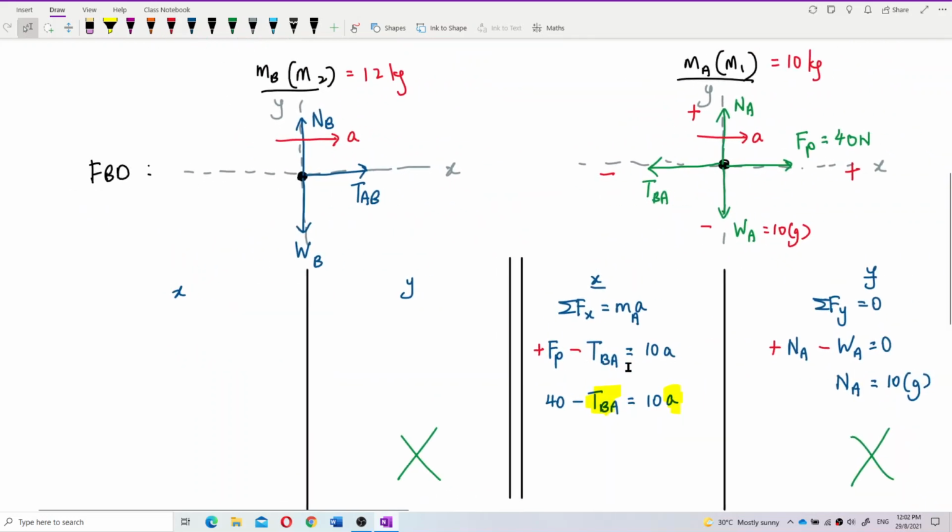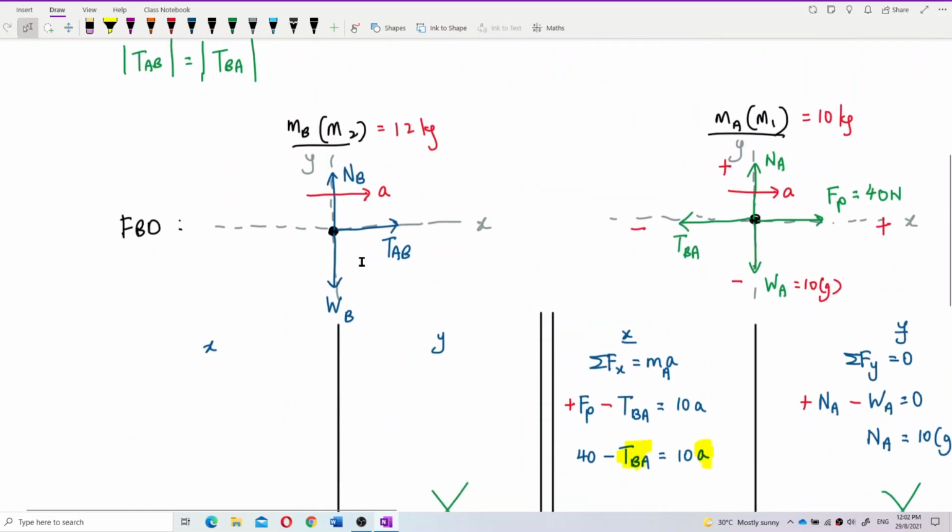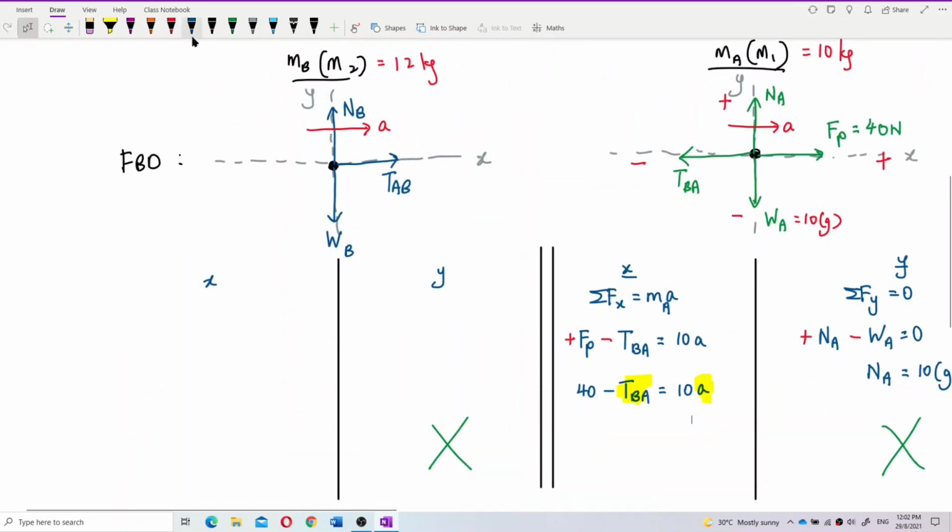So we need to look at the mass B now. We also do the x and y components. Very simple.